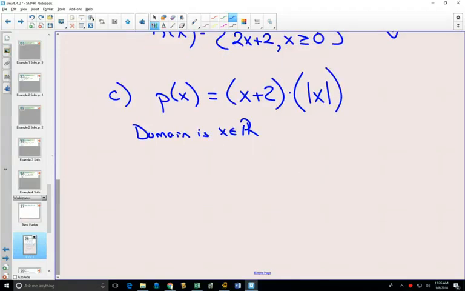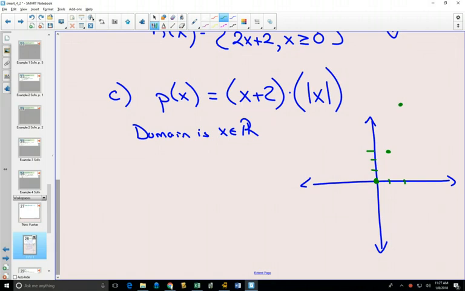But if we look at what happens when we multiply things together, do some nice values, like if you plug in 0, you would get 0. If you plug in 1, you would get 3. If you would plug in 2, you would get 8.